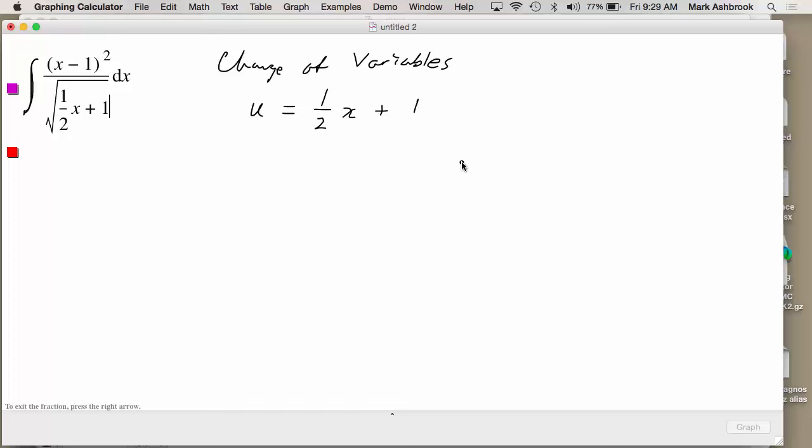Given that u equals 1/2 x plus 1, it should be very easy to find what x equals. And then from that, you find dx.